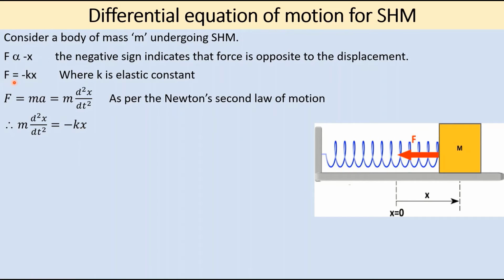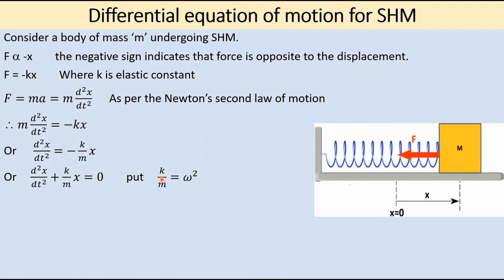Taking m to the other side, d squared x by dt squared is equal to minus k by m into x, or d squared x by dt squared plus k by m into x is equal to 0.